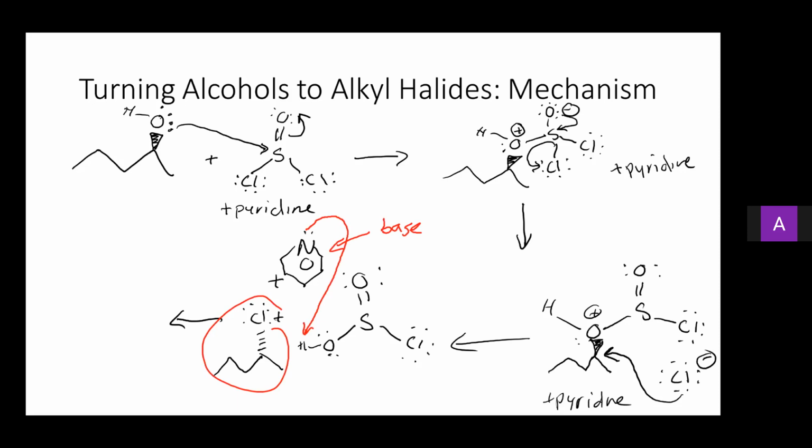The electrons in this bond right here are going to go form a double bond right here. And once we form that double bond, if we don't remove another bond, there's going to be 5 bonds around it. So we have to make sure that something leaves. In this case, it's going to be the Cl right here. So that will lead us to our SO2 product that we saw before.